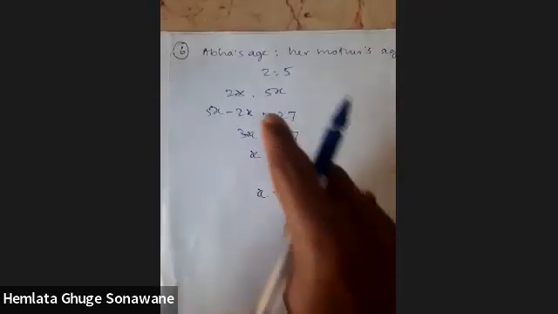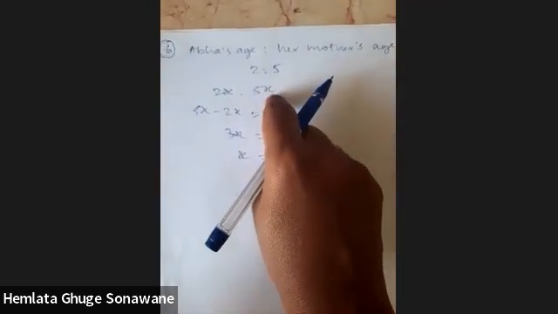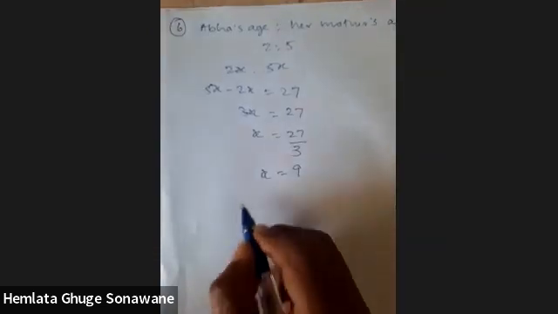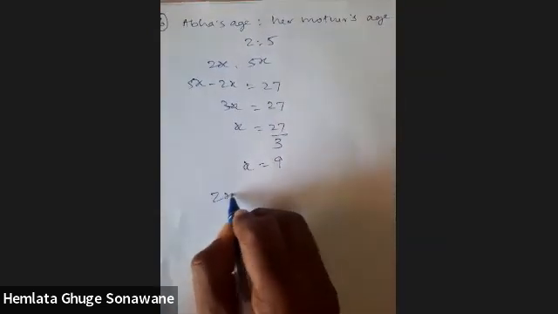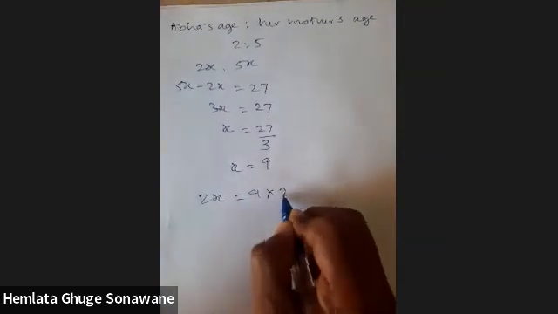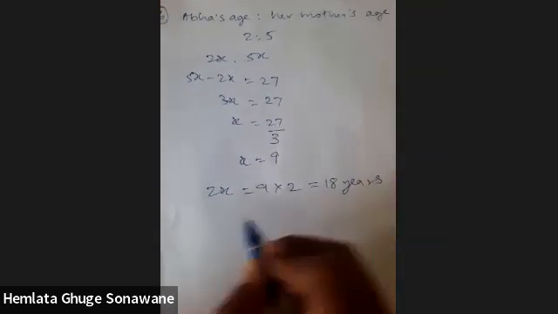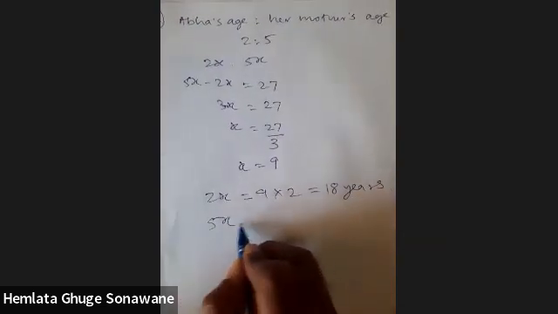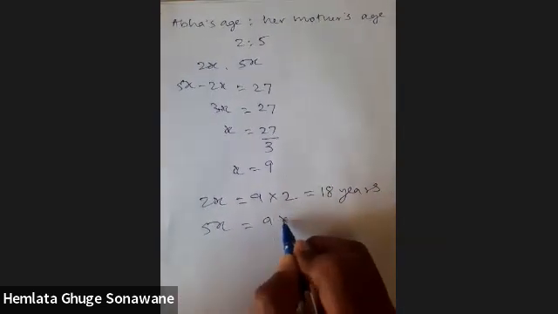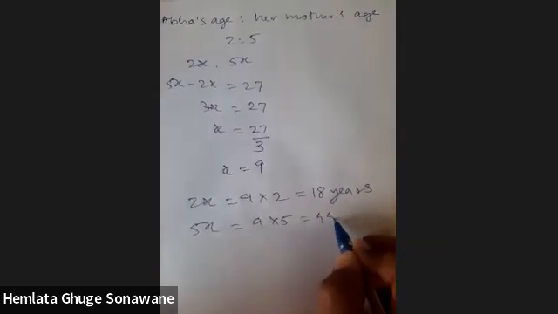Now we can find out the ages of Abha and her mother. Abha's age we have considered as 2x, that is 9 twos are 18 years, and her mother's was 5x, that is 9 fives are 45.